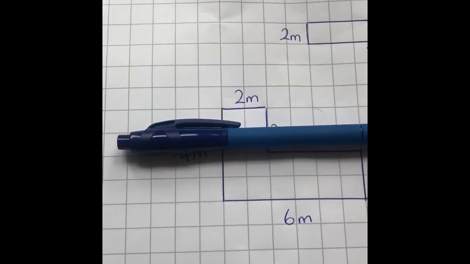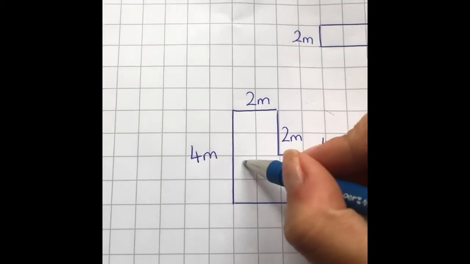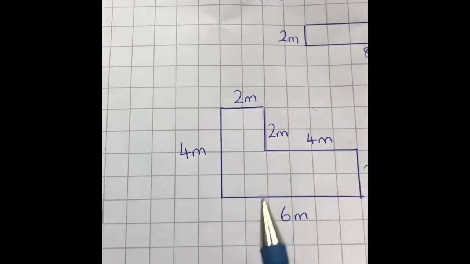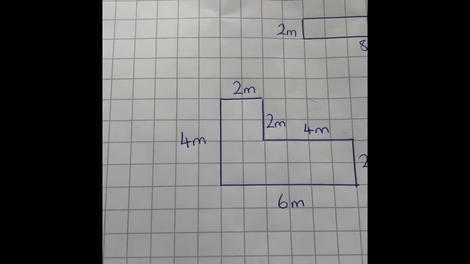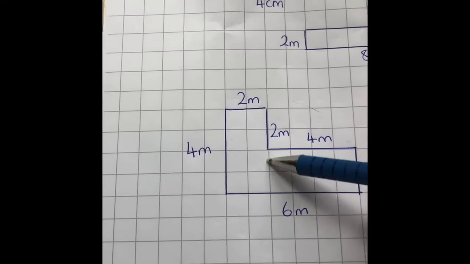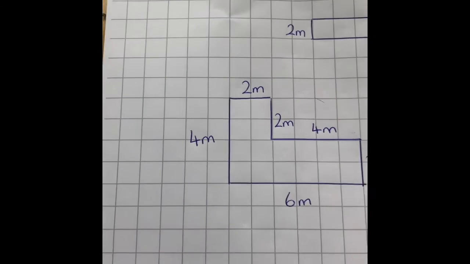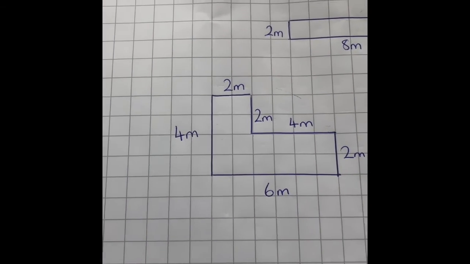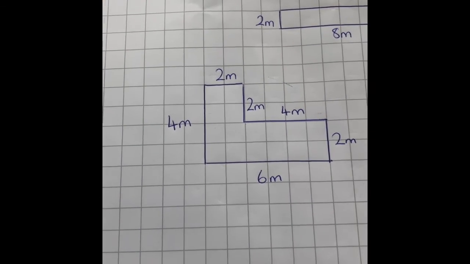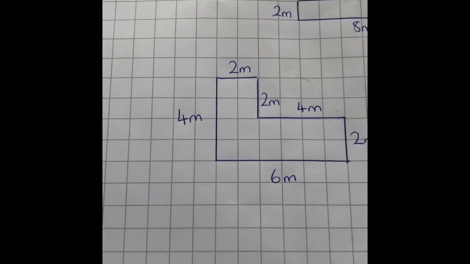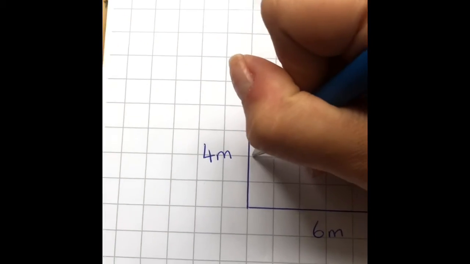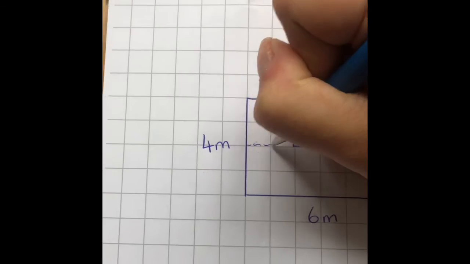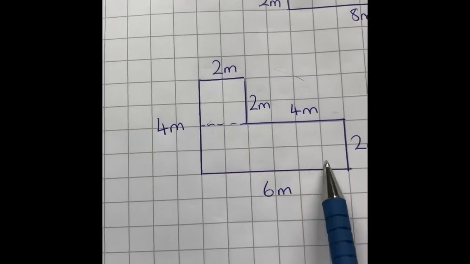You could split it here, so that there is a square and this rectangle along the bottom. Or you could split it here, so you have 2 rectangles. Either way, it is going to be very similar methods for you to work it out. So I'm going to split it into a square and this rectangle here.